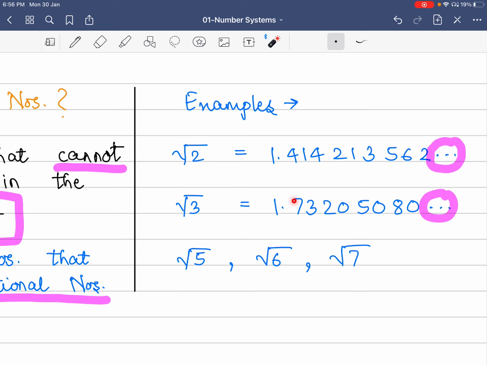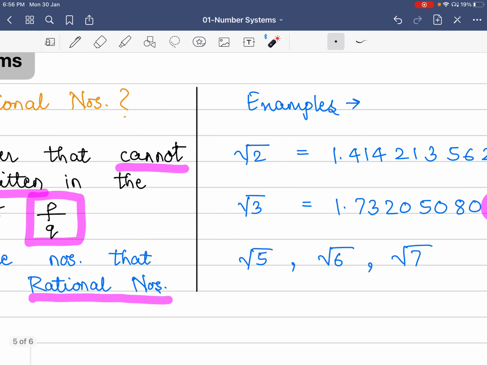Its value is 1.73205080 dot dot dot. This indicates there are infinitely more digits in this decimal expansion. Same is the case with square root of 5, square root of 6, square root of 7. Basically, the point is that these numbers cannot be represented in the form of P by Q. Hence, they are classic examples of irrational numbers.